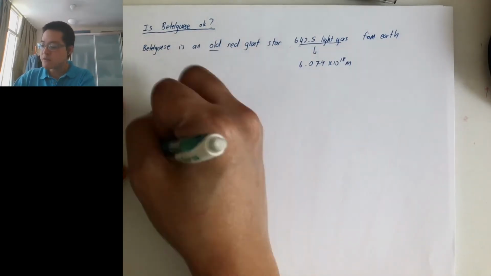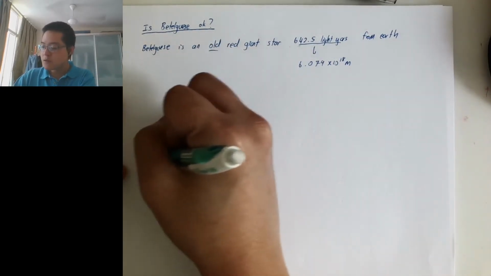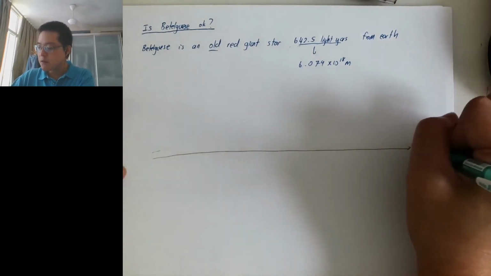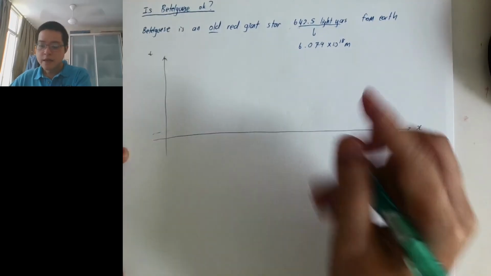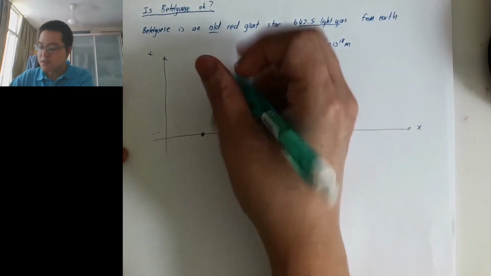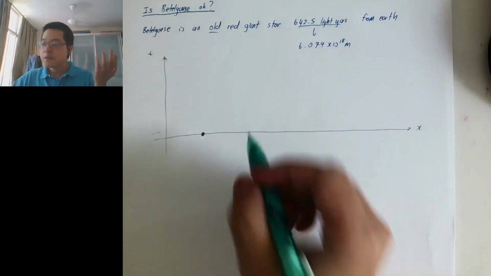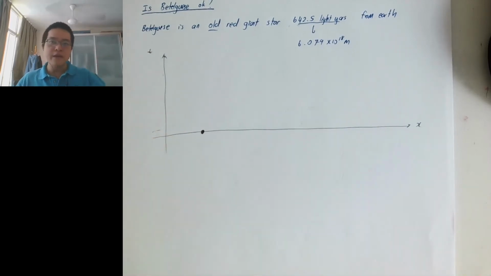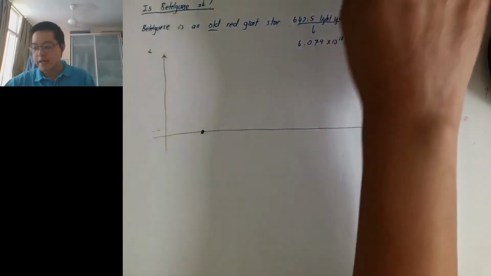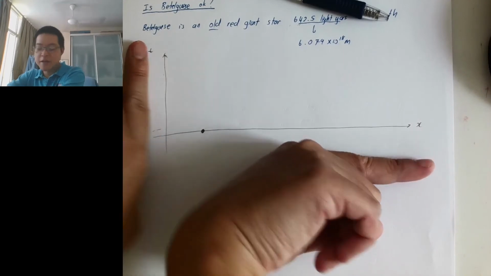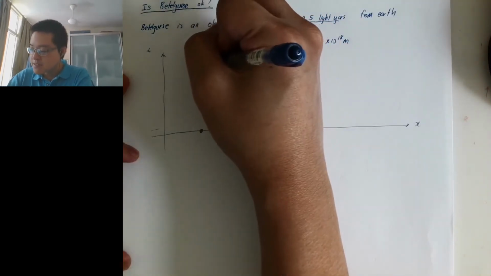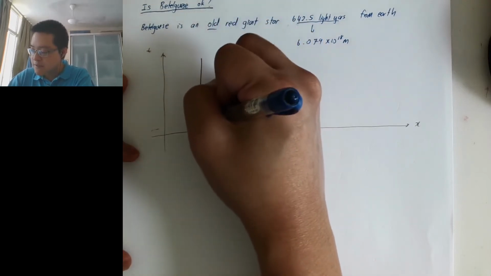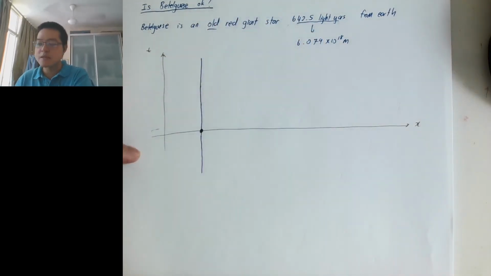We can draw everything on the space-time diagram. Our position axis is here, our time axis is here, and let's say the world line of Betelgeuse is here. Betelgeuse is not moving relative to our galaxy, so we can take our galaxy as a reference frame. Relative to the galaxy, it is more or less in a fixed position, at a fixed distance from the center of the galaxy.